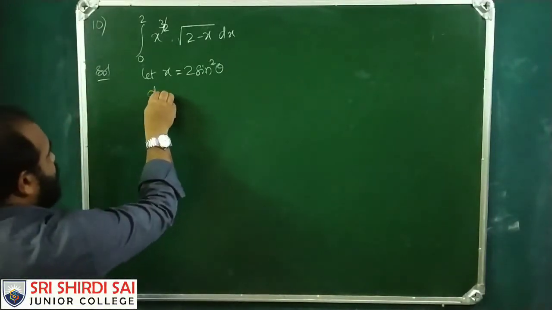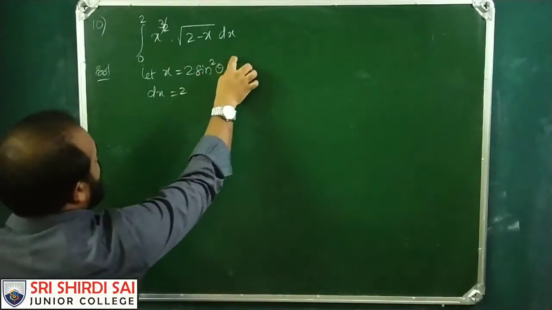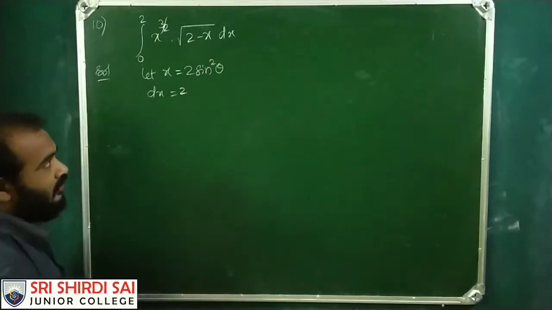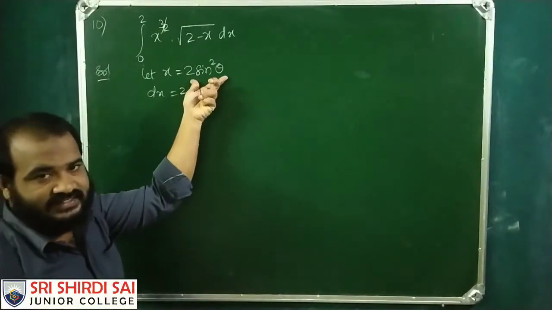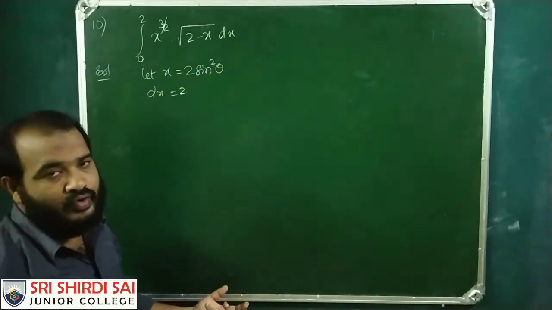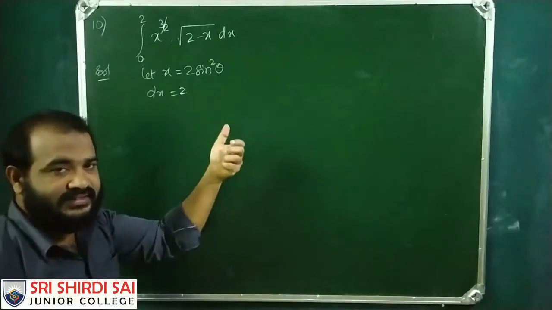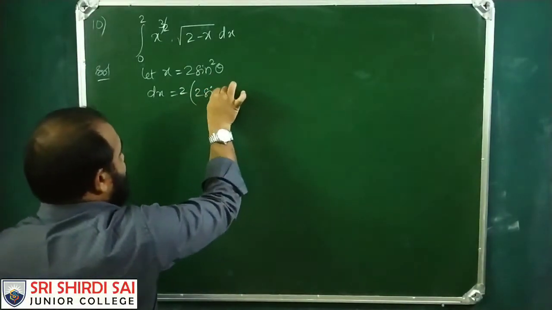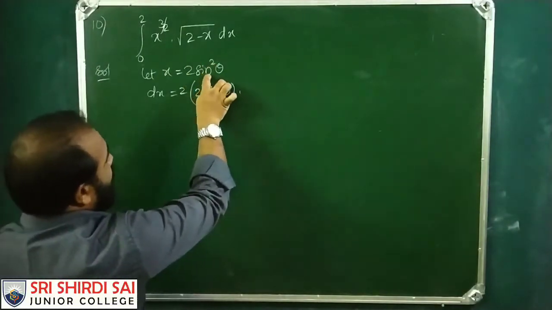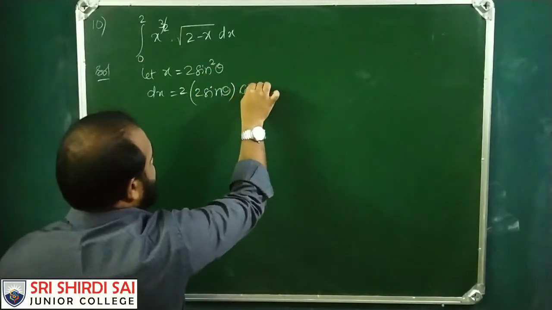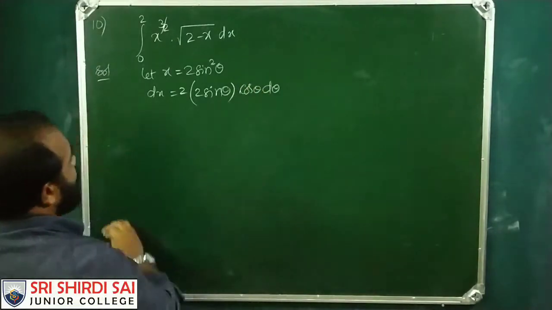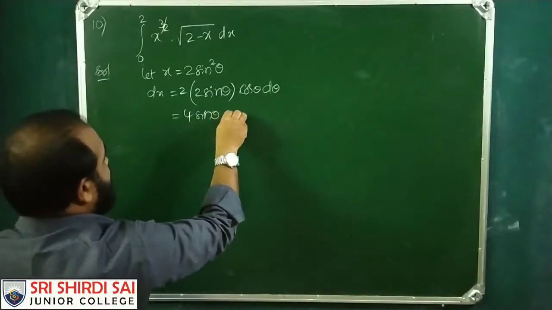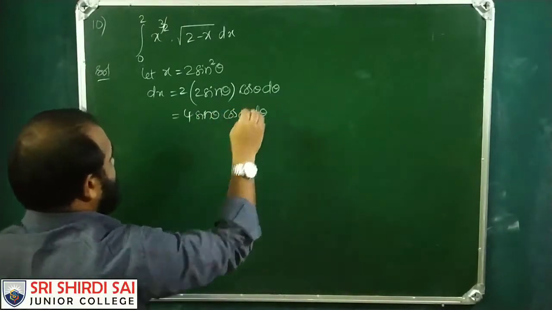Then dx is equal to 2 into sin theta whole square. If you take sin theta as x, the derivative of x square is 2x, because we don't have a derivative of sin square theta directly. So 2 sin theta into d by d theta of sin theta, which is cos theta d theta. Therefore this is 4 sin theta cos theta d theta.